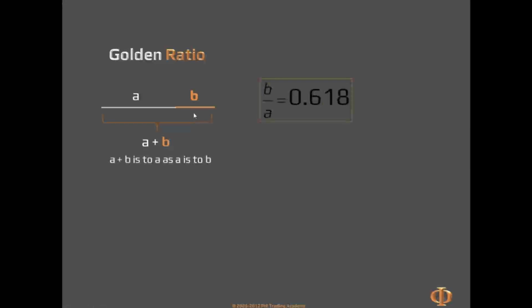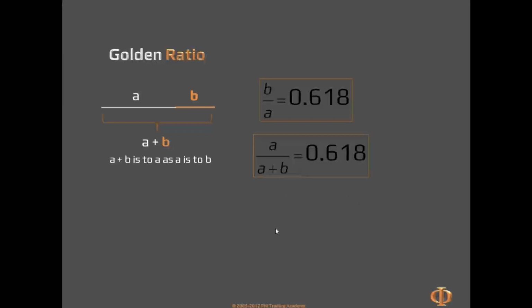So, you remember Pythagoras from school? He said that if you have a straight line, AB, then there is a point on this line that is unique, one of a kind, not in the middle, a little to the right. You know why this point is unique? Because if you divide B by A, you will get the same number that you would get if you divide A by A plus B, and this number is 0.618.